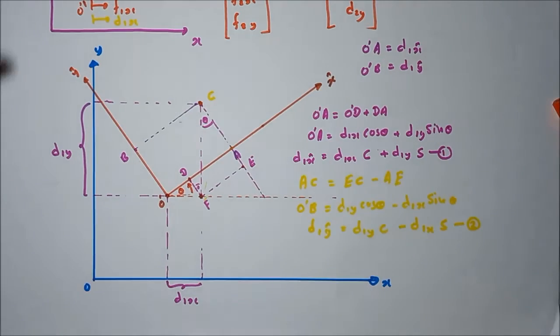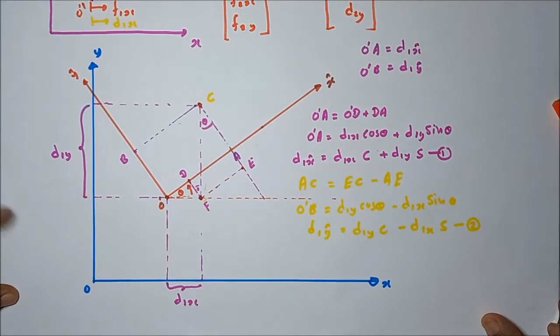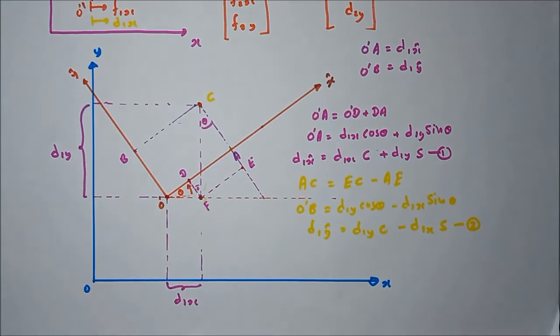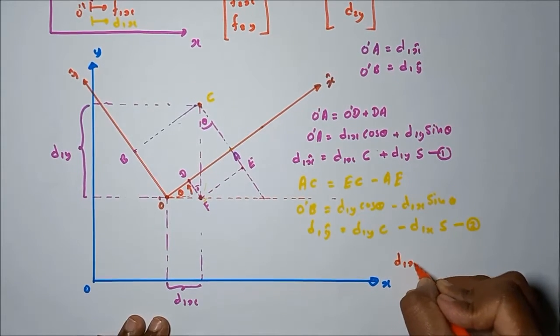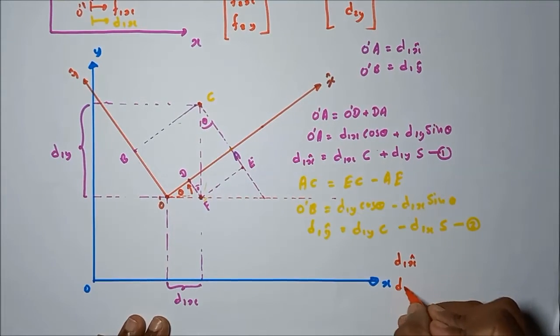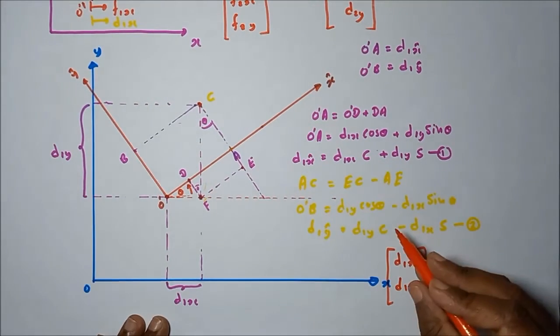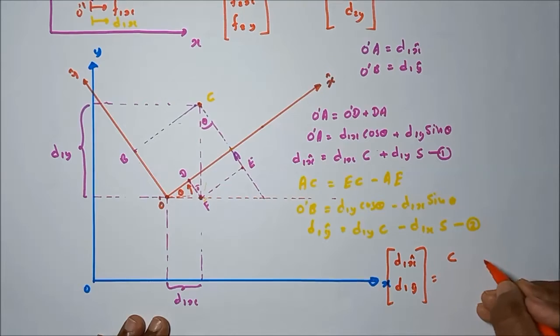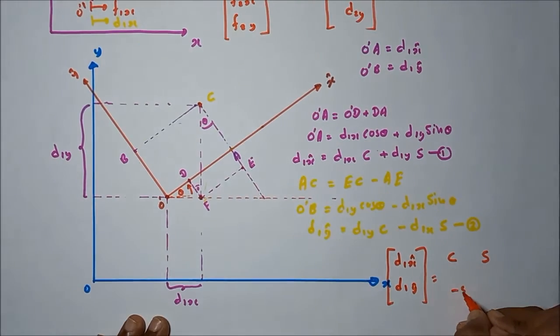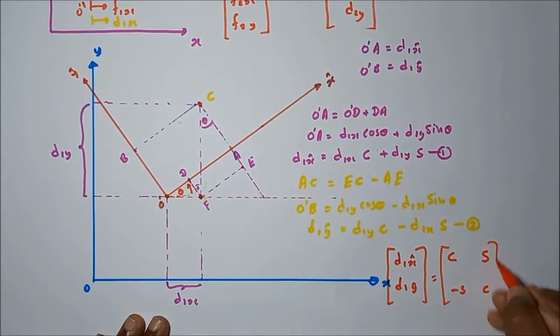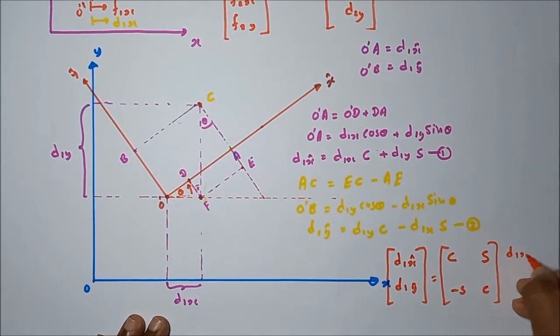Then we can put equation 1 and equation 2 in matrix form like this: d1 x hat, d1 y hat is equal to the matrix C S, minus S C, times d1x, d1y.